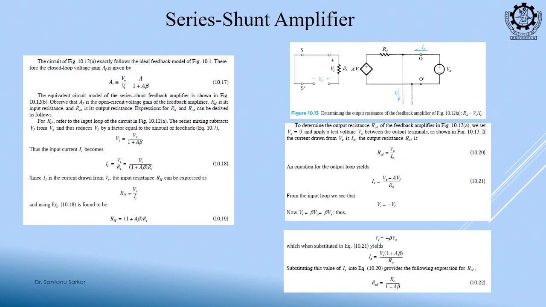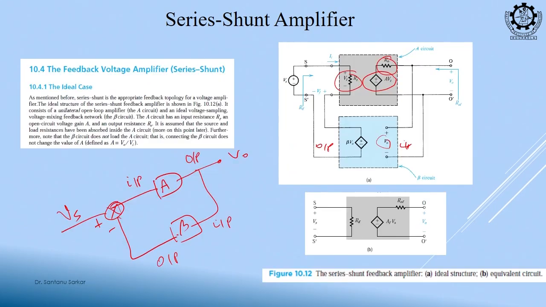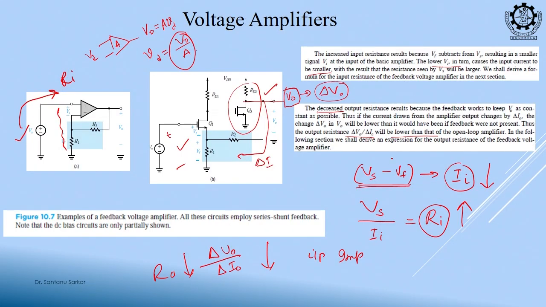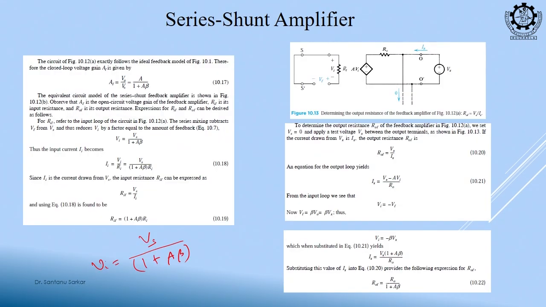So, this effect we can consider as follows. In open loop our voltage source was Vs. Because of this negative feedback we can consider that Vi is reduced by 1 plus A beta. The way we explained here, because of this negative feedback delta V is reduced and so our Ri is getting increased. So, the same is modified here: our Vi is equal to Vs by 1 plus A beta.